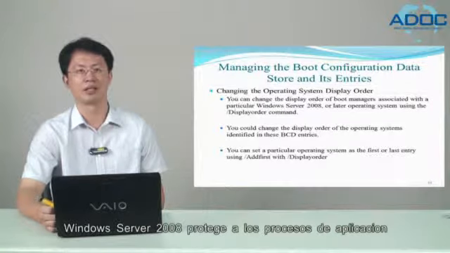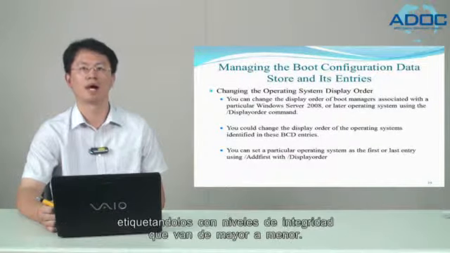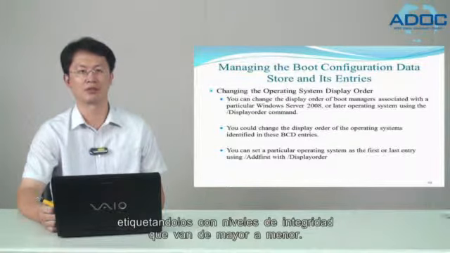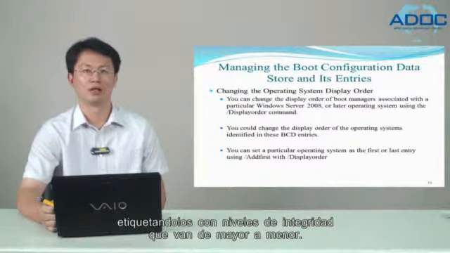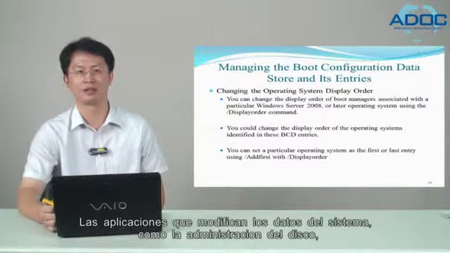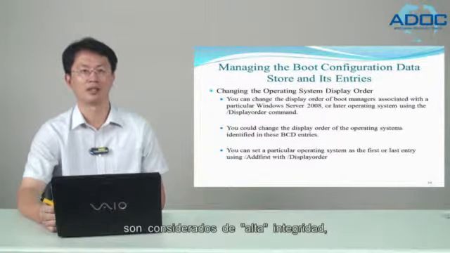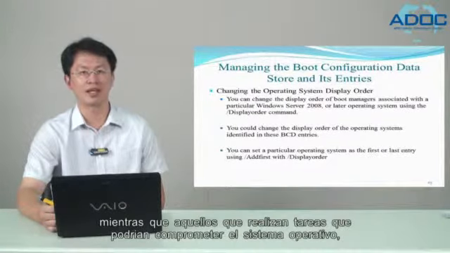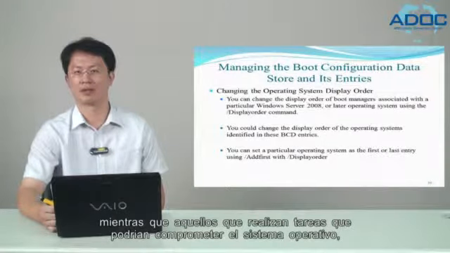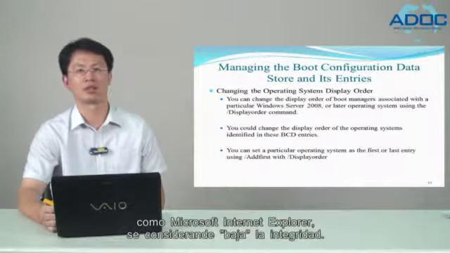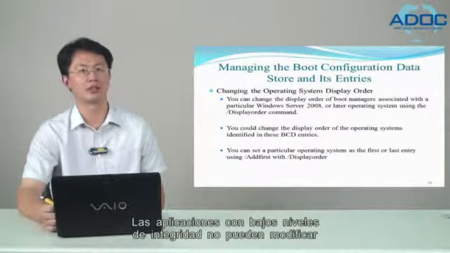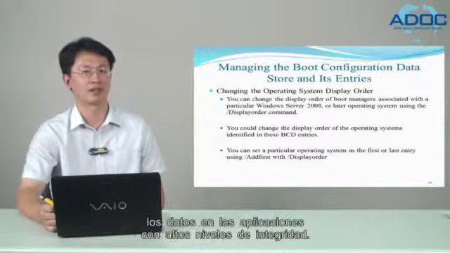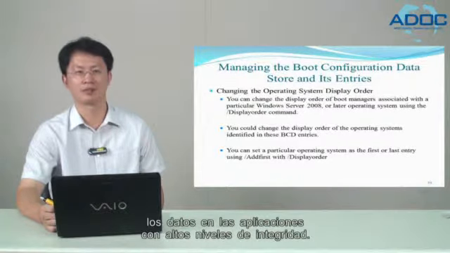Windows Server 2008 protects application processes by labeling them with integrity levels ranging from high to low. Applications that modify system data, such as disk management, are considered high integrity, while those performing tasks that could compromise the operating system, such as Microsoft Internet Explorer, are considered low integrity. Applications with lower integrity levels cannot modify data in applications with higher integrity levels.